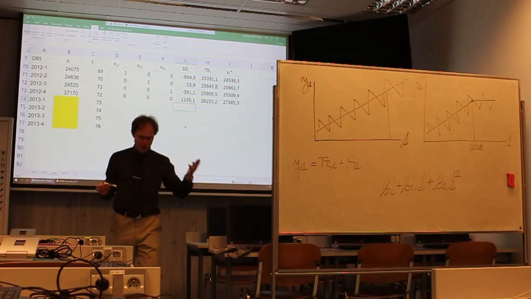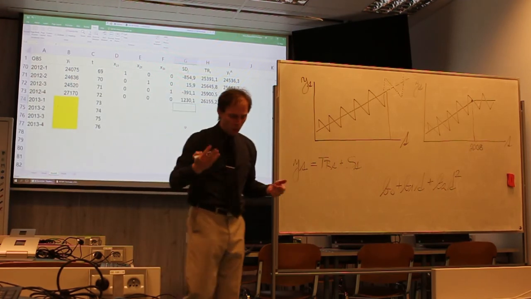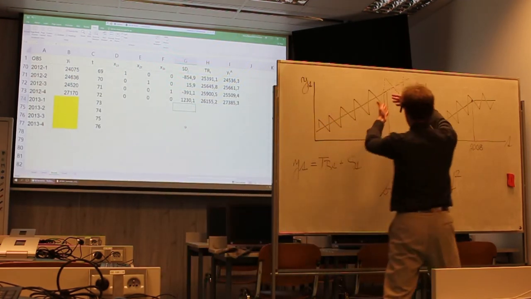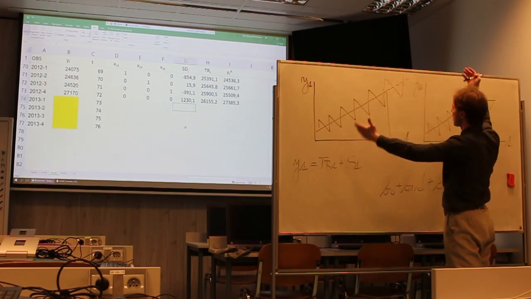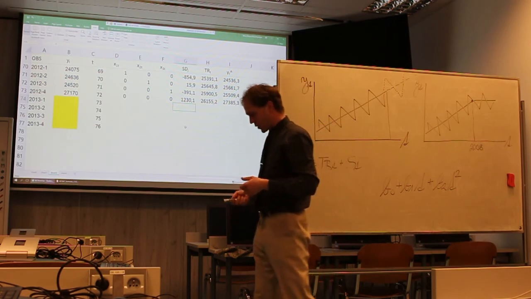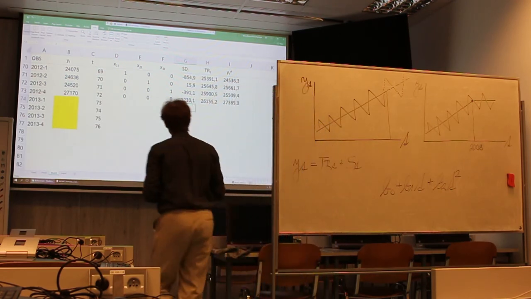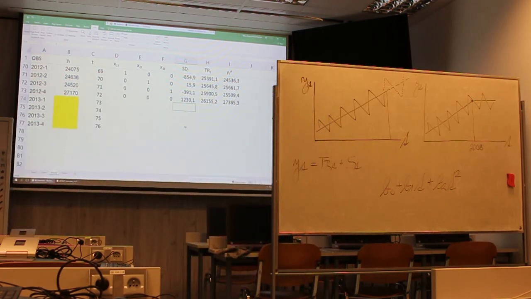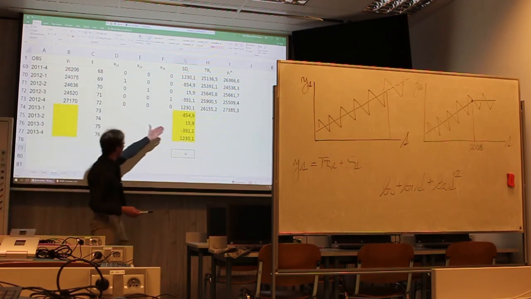Seasonality is repeated every year, almost in the same way, with the same intensity, because of the changing of seasons, spring, summer, autumn, winter. So I can copy these 4 values, copy, paste.